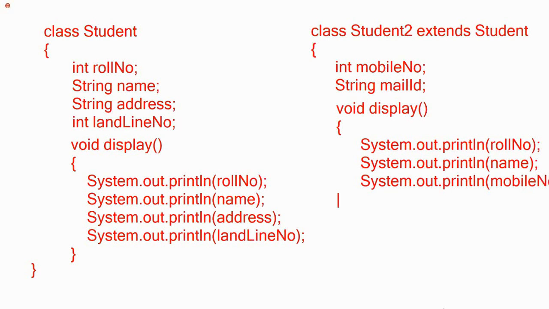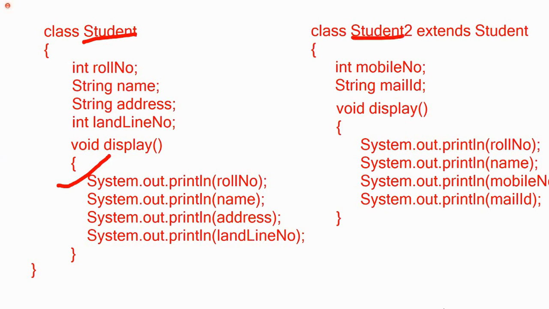I'm printing mobile number and mail ID. Like this I'll write. Now just observe. I'll create this class object and call the display method. Roll number, name, address, landline number are printed. I'll create this class object and call the display method. Then roll number, name, mobile number, mail ID are printed.